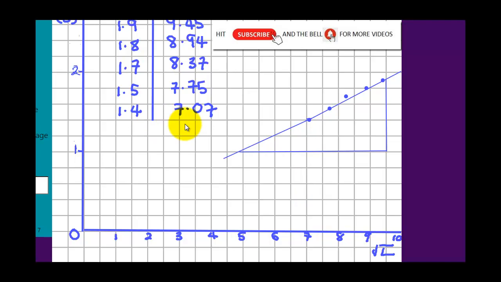Now the next thing I'm going to do is to trace the dotted lines. These are my dotted lines, so it can enable me evaluate my slope.